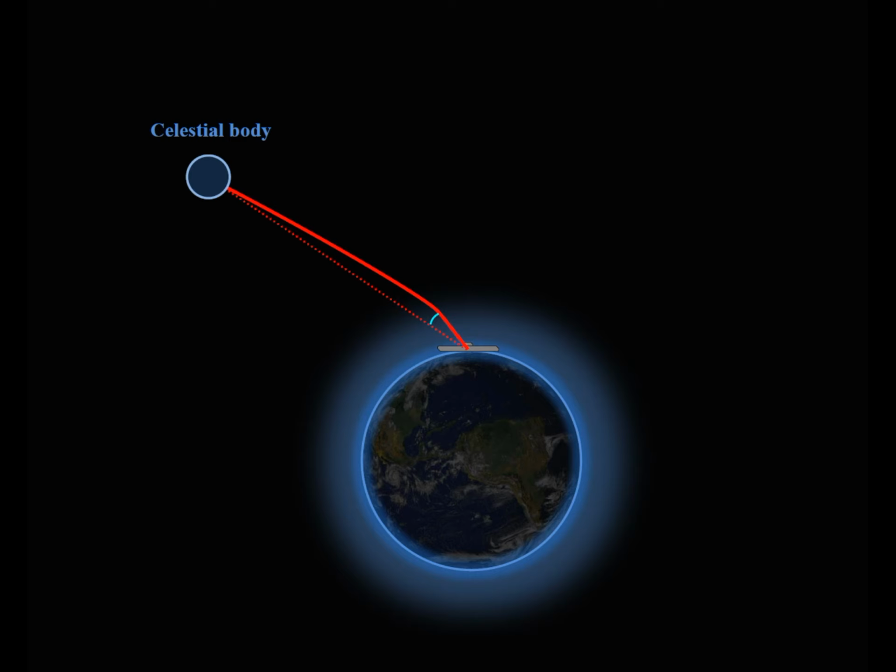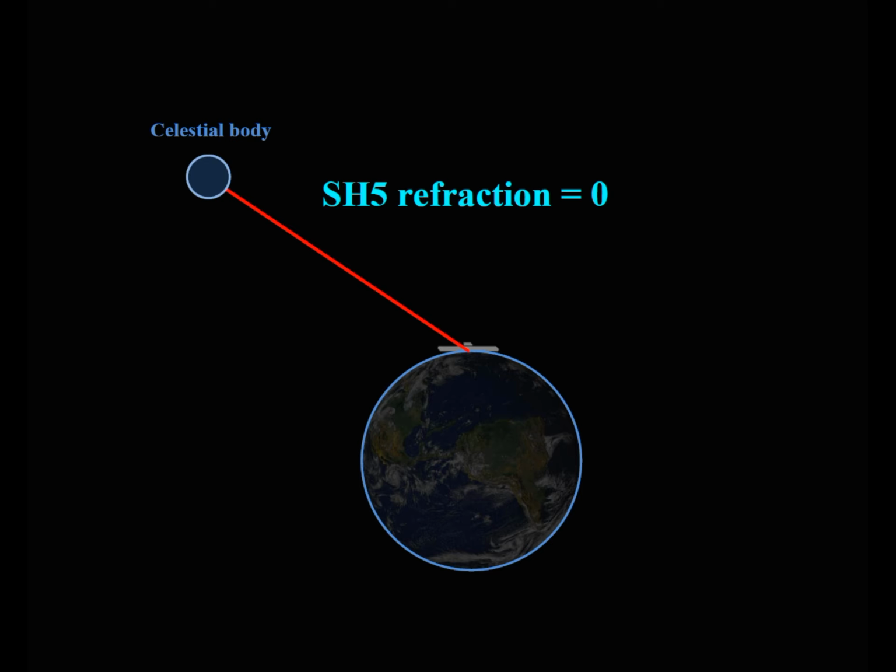The altitude of a celestial body may appear larger than in reality by the amount of refraction. In SH5, atmospheric refraction is not implemented and celestial bodies are visible in accordance with the geometric direction to them. Refraction correction is not required.